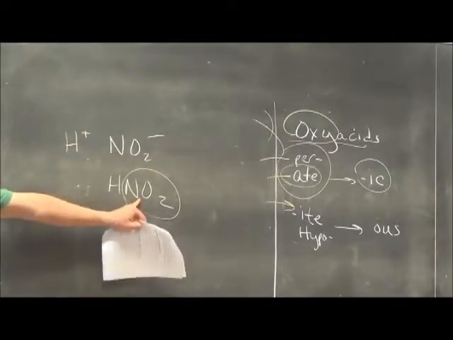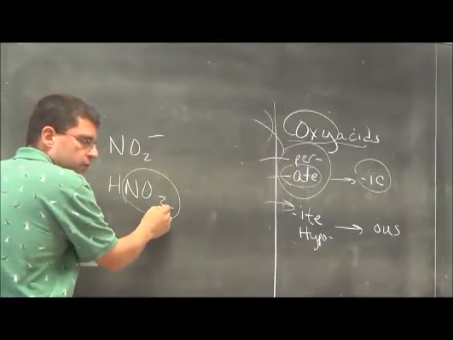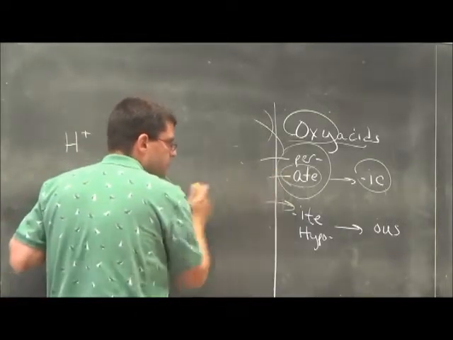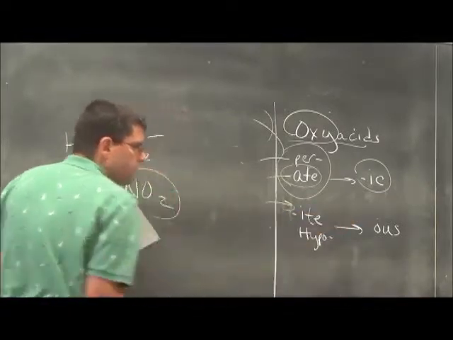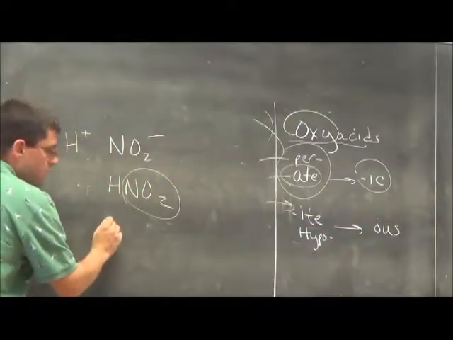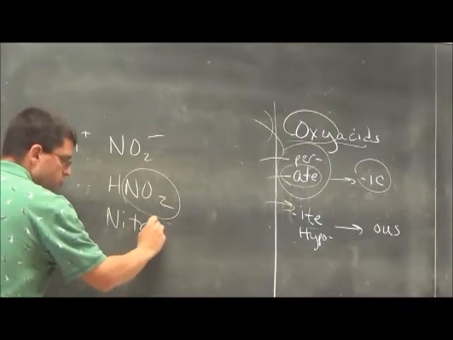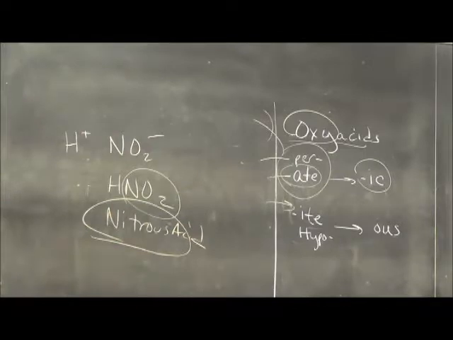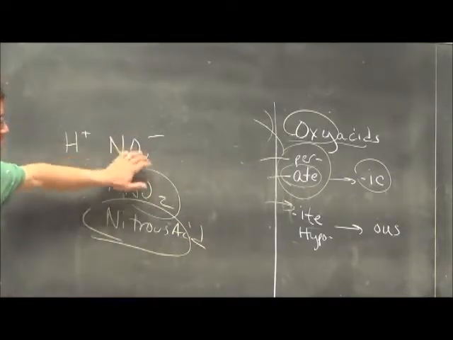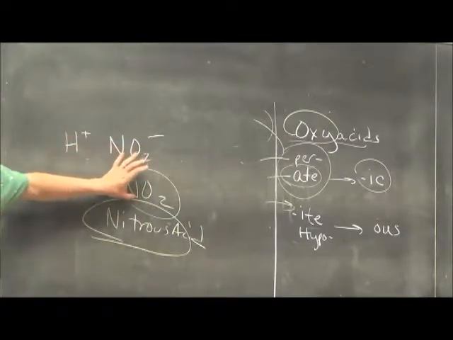Nitrate, what is it? One less, nitrite. So which way do I go? This or this? We go here. So if it's an ITE ending, use that and watch. So it's, ready? Nitrous acid.